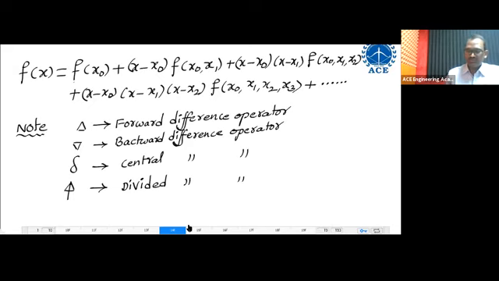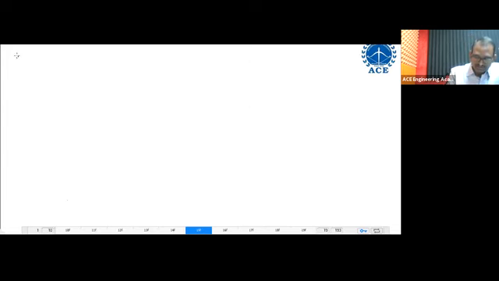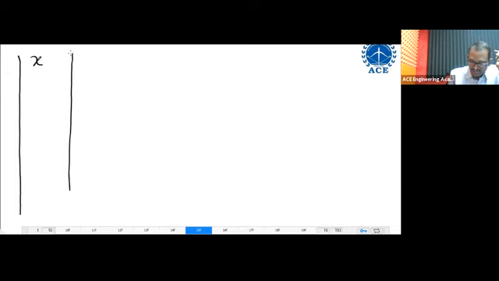Actually, we use the divided difference operator regarding Newton's interpolation polynomial. How to construct the table, I will let you know. Look here, in the examination, the table values will be given and you will be asked something. F of x, this is y, also written as f of x.